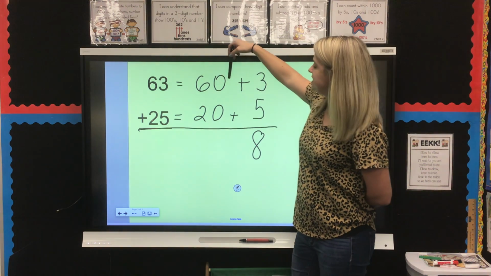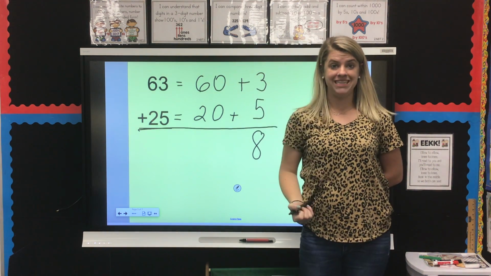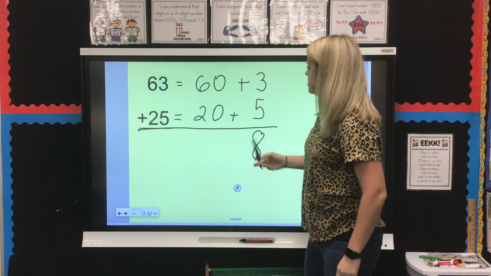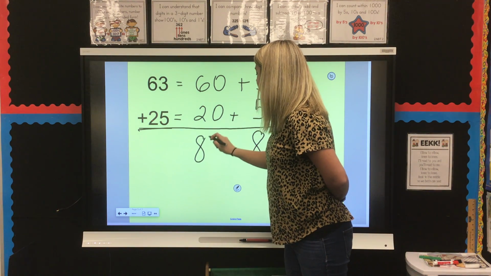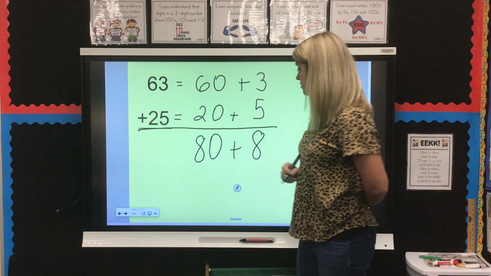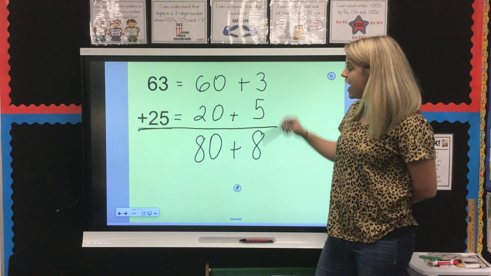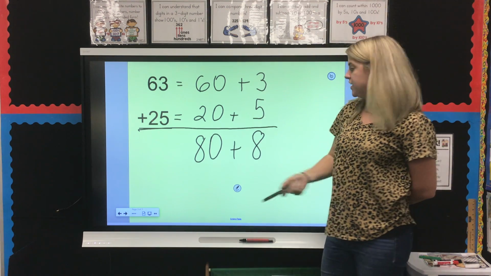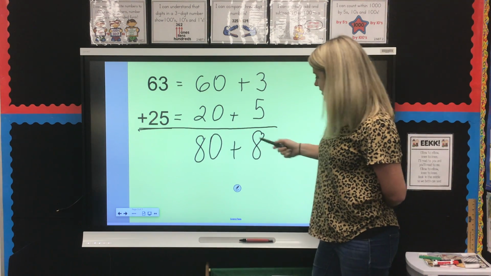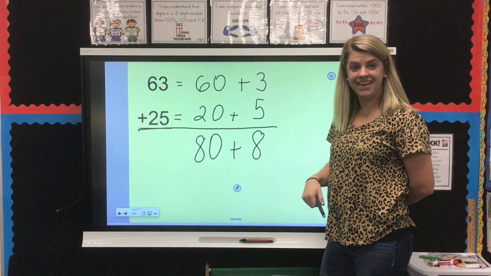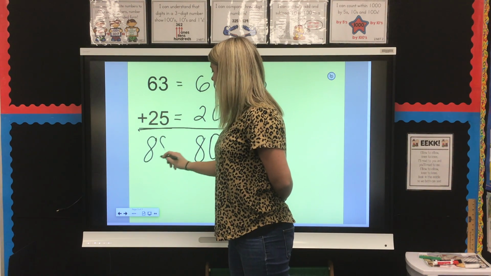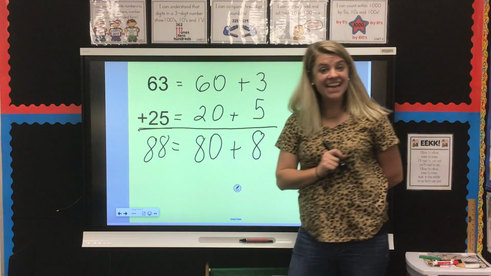What do we know about 60 plus 20? 60, 70, 80. 60 plus 20 is 80. All right. So now I can look at this. What do we know about the number 80 plus 8? 80 plus 8 gives me 88.